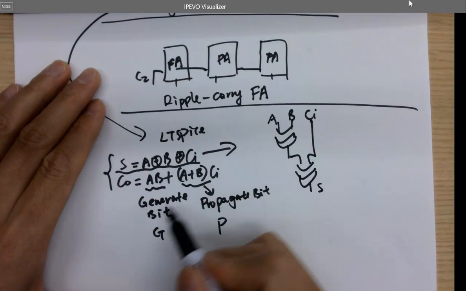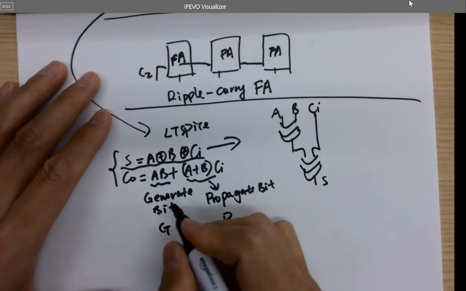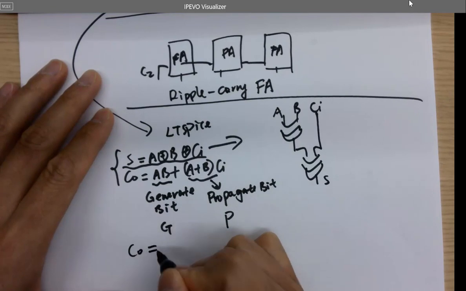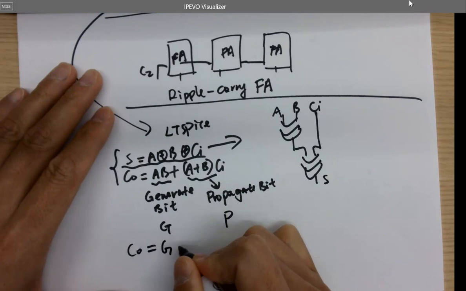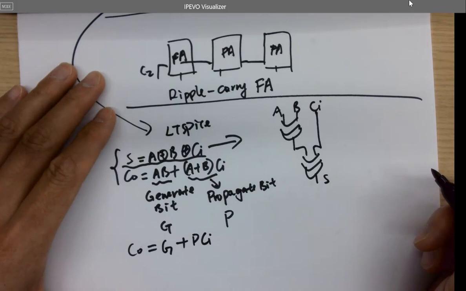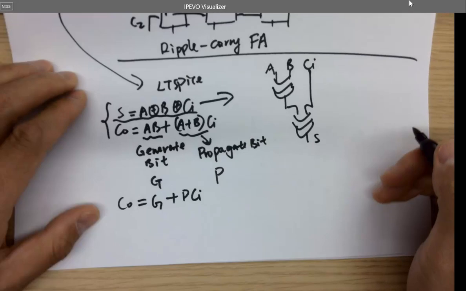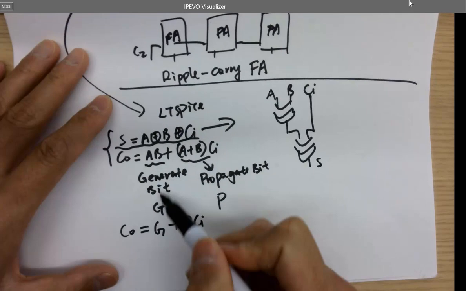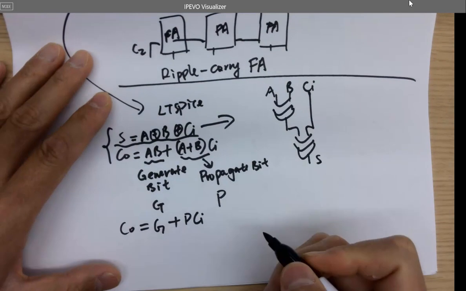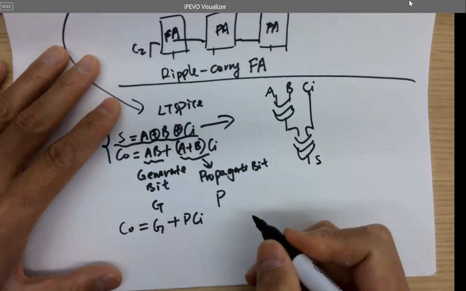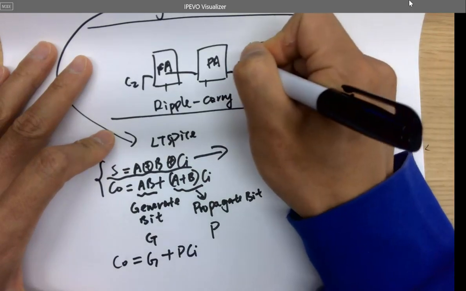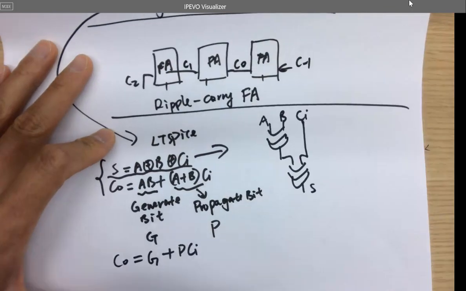But for the carry out, we are doing it in a different way. Cout can be rewritten as G or P CI, because this is a generate bit and this is a propagate bit. For example, we name the carry in C minus 1, then C0, C1.